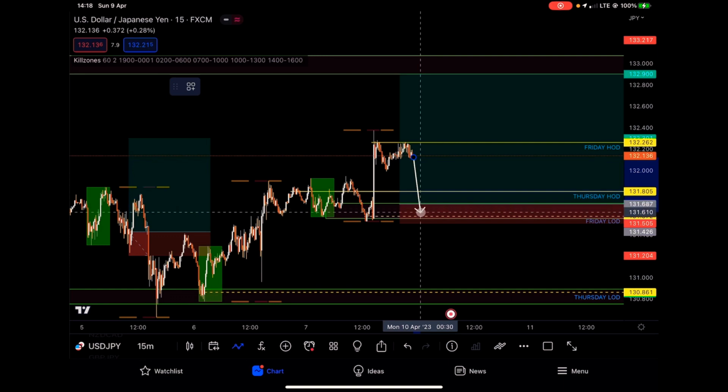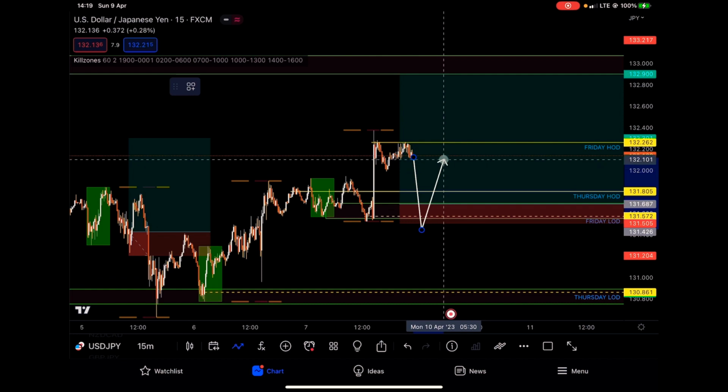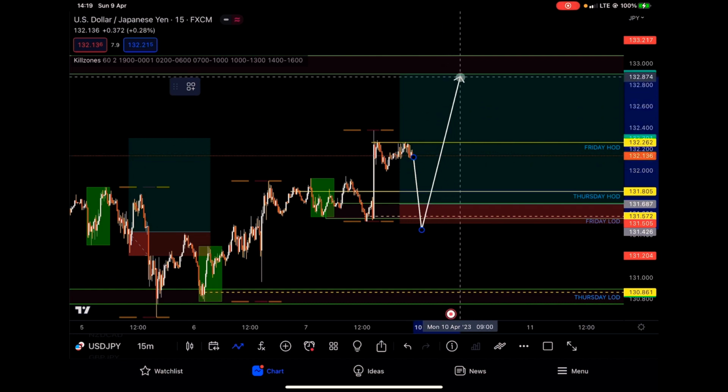We'll be looking for rejections in this zone, possibly during New York, if not New York, possibly during London, if not London, then New York. Another situation could be price could drop here into Asia and slightly manipulate this zone by creating a slightly lower low, before it comes back to the upside.